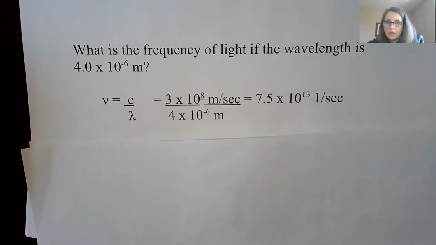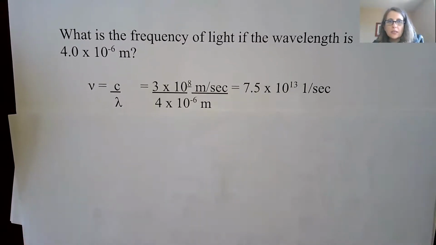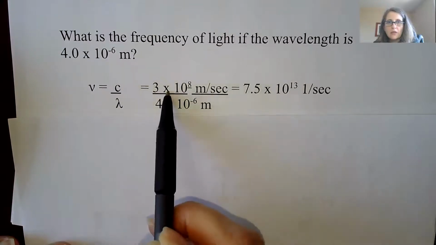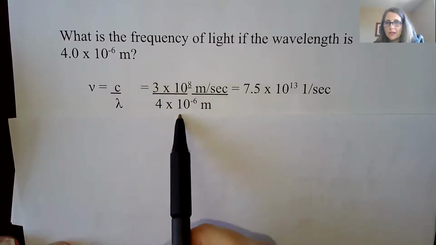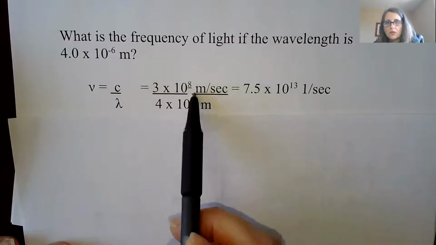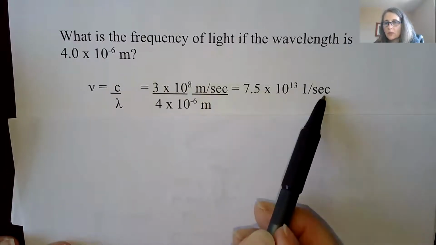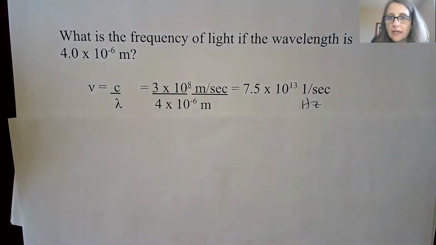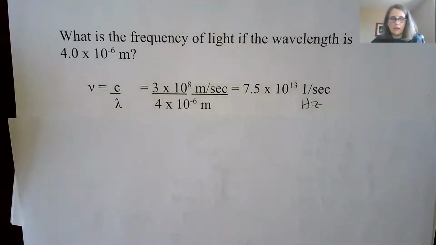All right, if I'm trying to find frequency, that's the speed of light over wavelength. So I'm going to take 3 × 10⁸ over 4 × 10⁻⁶. The meters will cancel out and I'll be left with 1/seconds, or you could call it a hertz, or s⁻¹. You need to be aware of how to put this in your calculator.